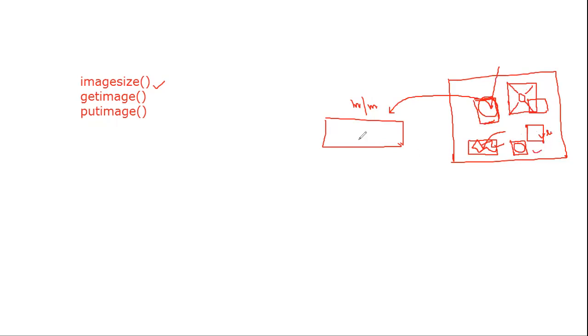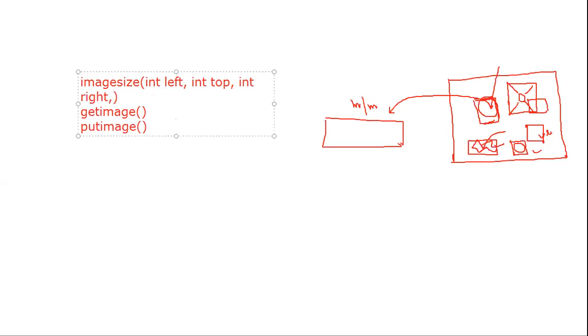So what are the parameters that we pass within this? That is int left, int top, int right, and int bottom.